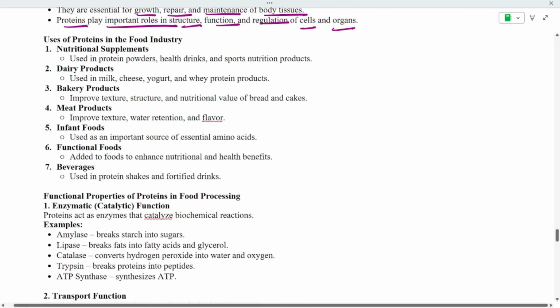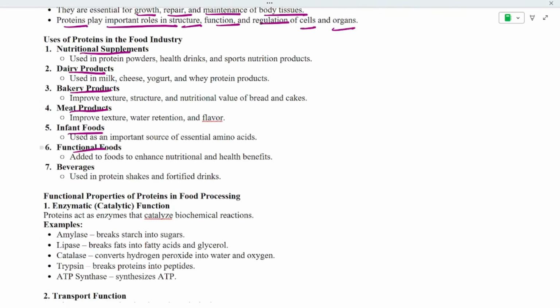How they are used in the food industry: nutritional supplements, dairy products, bakery products, meat products, infant foods, functional foods and beverages. Nutritional supplements include protein powder, health drinks, sports nutrition products and all. In dairy products such as milk, cheese, yogurt, and whey protein, which we discussed previously, you can write that also here.